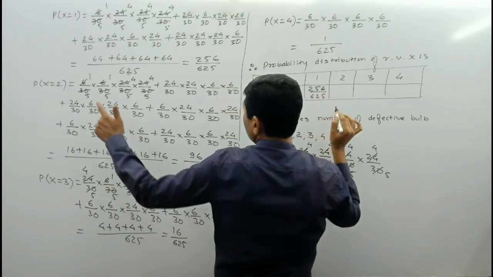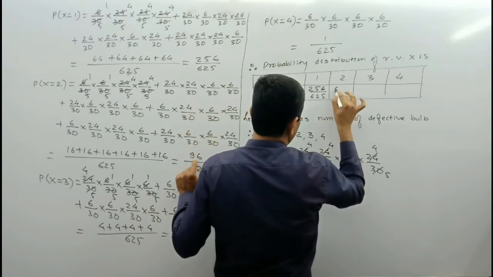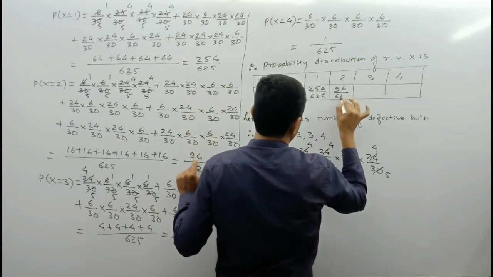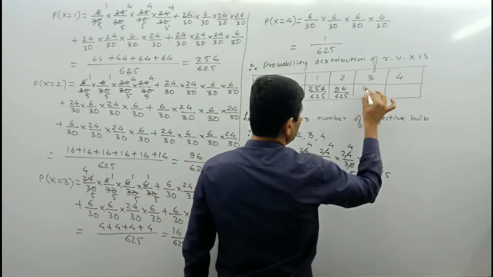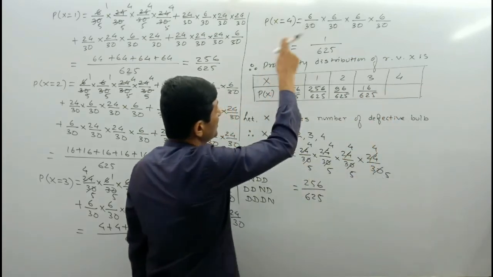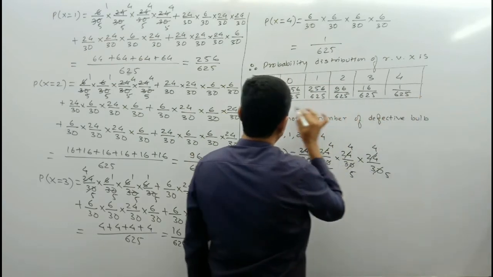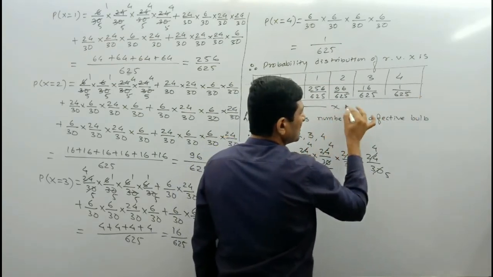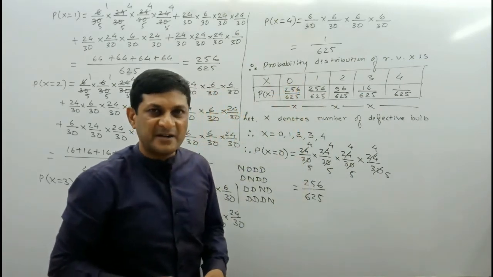In the third case, when x is equal to 2, our probability is 96 upon 625. When x is equal to 3, our probability is 16 divided by 625, and when x is equal to 4, just now we have seen that the probability is 1 upon 625, and in this way we have got our required answer, that is the probability distribution of the random variable.